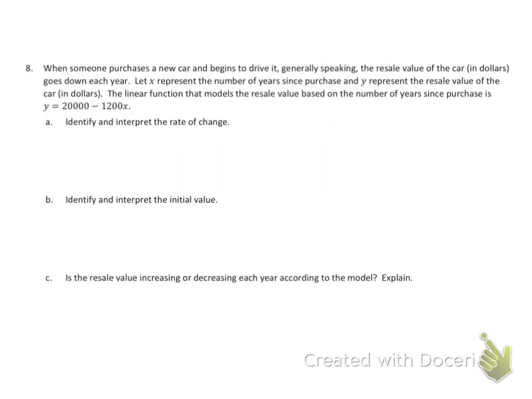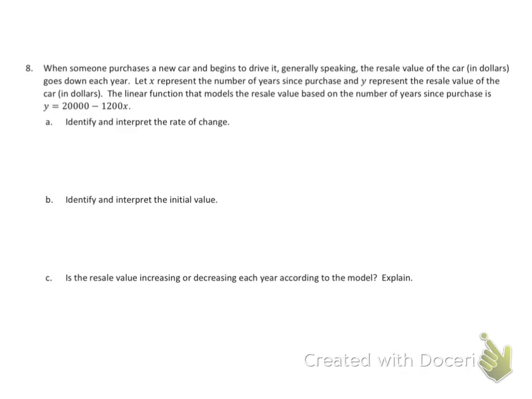Let's look at 8. So this is also about aging cars. When someone purchases a new car and begins to drive it, generally speaking, the resale value of the car in dollars goes down each year. Let X represent the number of years since purchase and Y represent the resale value of the car in dollars.